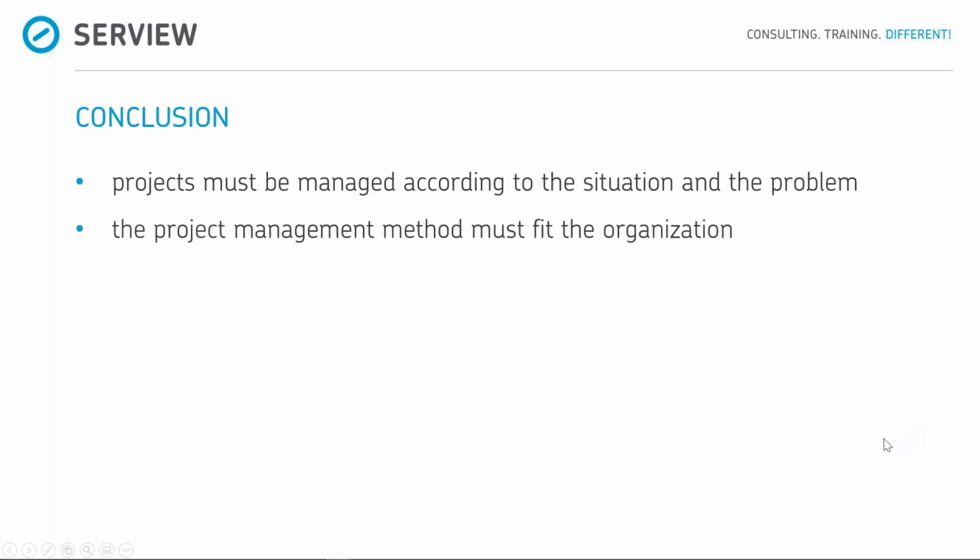That also means that the project management method must fit your organization. So is your organization heavily regulated or not? Do you need to change some of that to be able to adopt flexibility and Agile methods?